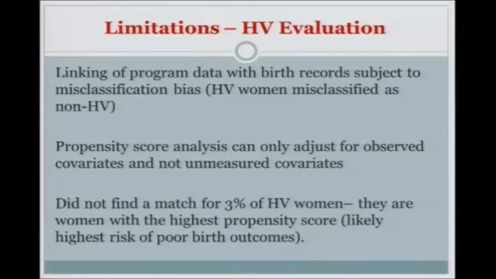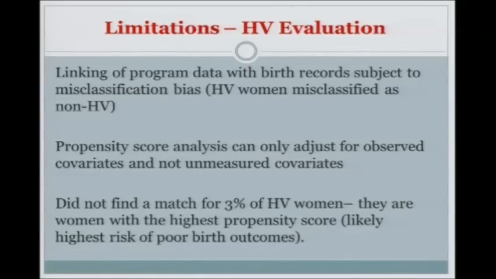Some of the limitations of her study were that linking program data with birth records is subject to misclassification bias. It's not totally clear whether home visiting women might have been misclassified as non-home visiting women, because she didn't find the linkage to the birth certificates for some program participants. The largest limitation of propensity score analysis is that we're only balancing on observed covariates.